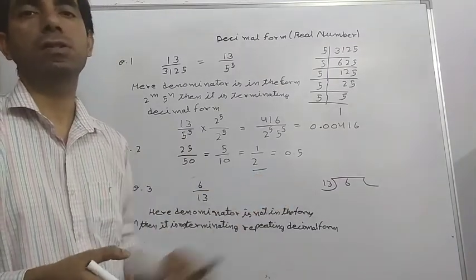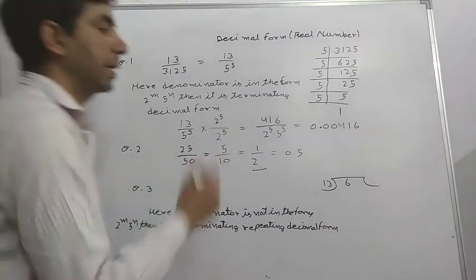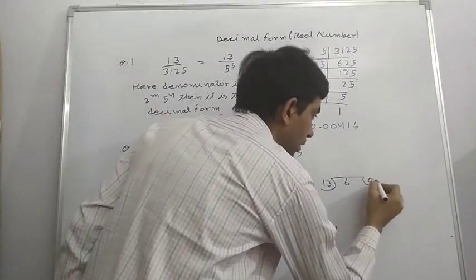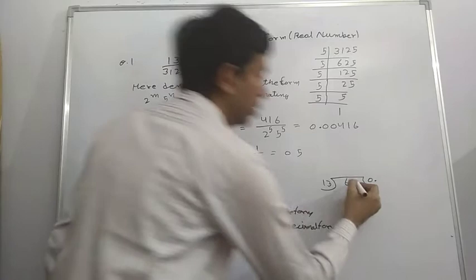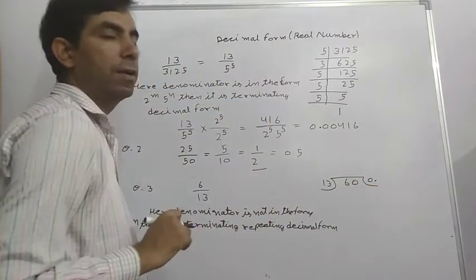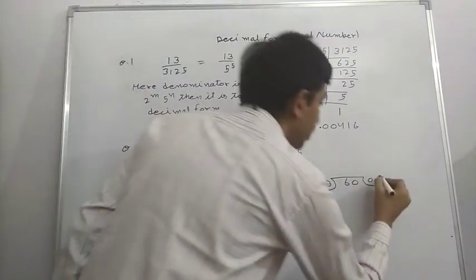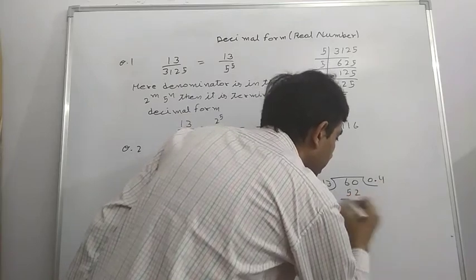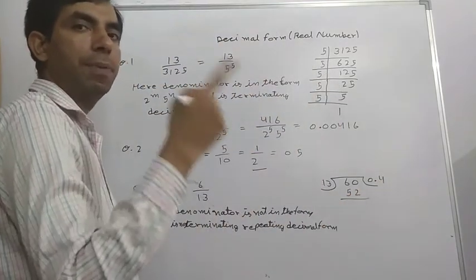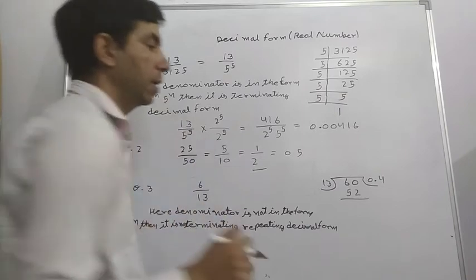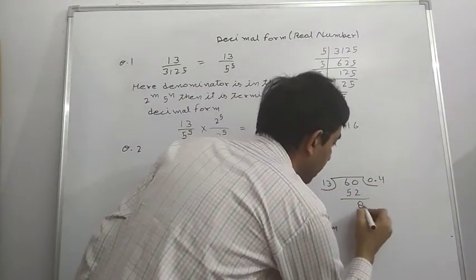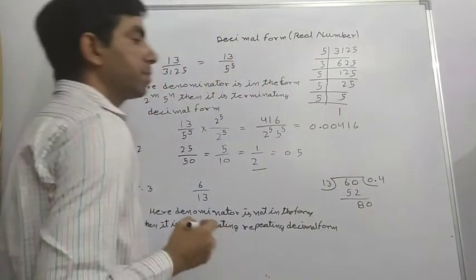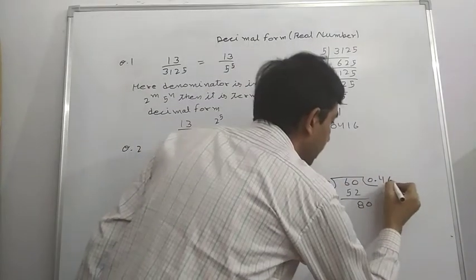In an examination it is not needed. So check it. 13 does not divide 6, write 0 after the decimal, then 60 comes here. So divide: 13 times 4 is 52. Whenever digits repeat, then we stop dividing. Here subtract: 8, 80. 13 times 6 is 78.